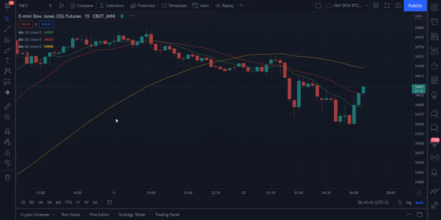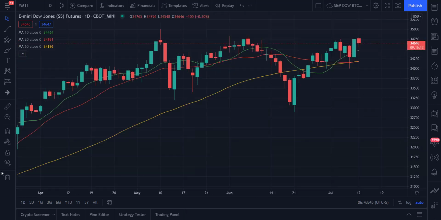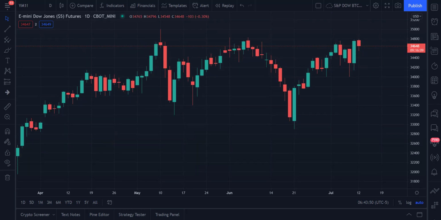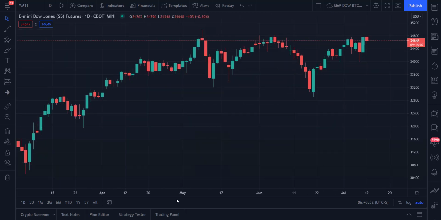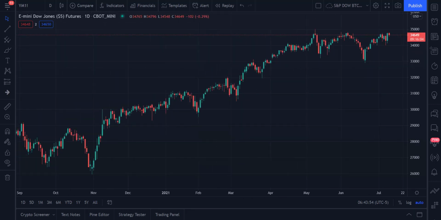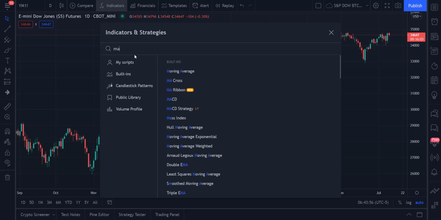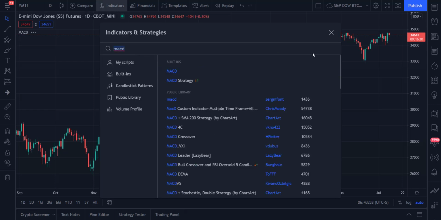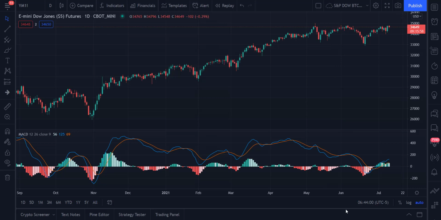So let's go back to the daily, get rid of these. We're going to go with the MACD as our next indicator, just to get a better sense of what's going on in this market. Looking at momentum, this is my favorite momentum indicator, but it's only my favorite for the longer term time frames. We've obviously had a long bull market.